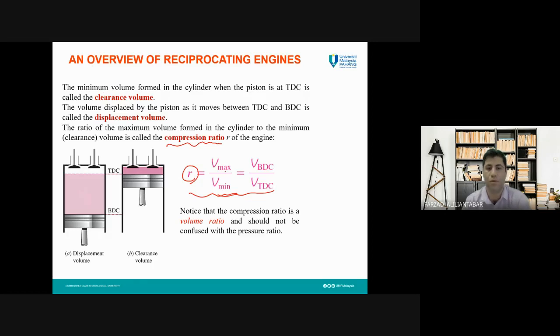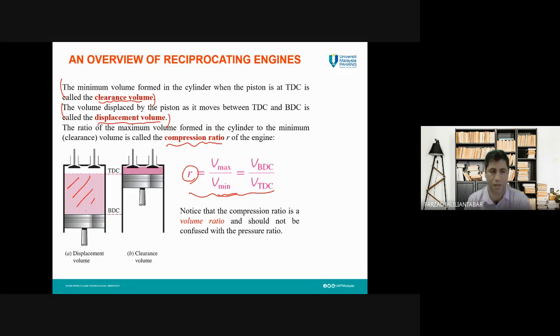These two, Vmax and Vmin, are described as clearance volume and displacement volume. The minimum volume in the cylinder when the piston is at top dead center is called clearance volume, and the volume displaced by the piston as it moves between top dead center and bottom dead center is called displacement volume.